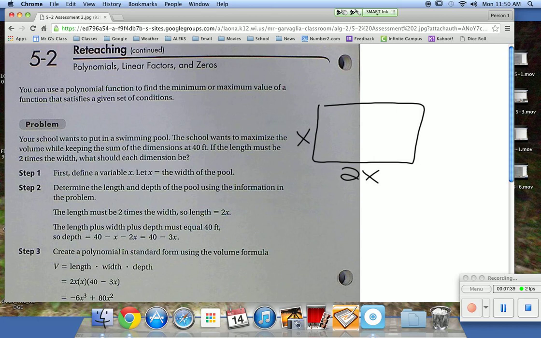Well, we've got to figure our depth too, right? If we're going to figure this in, let's see, how can I do this? I'm going to do it this way here. There's my depth. And now my pool's kind of laying on its side. That doesn't look right, does it? We're going to make a different pool here.